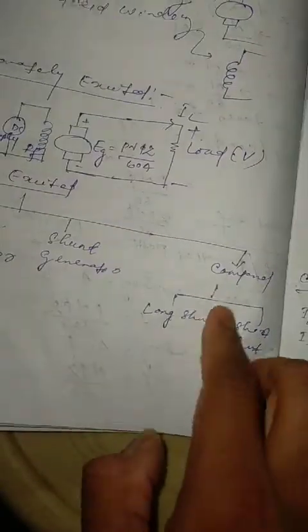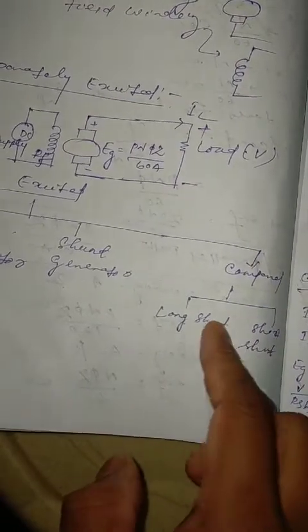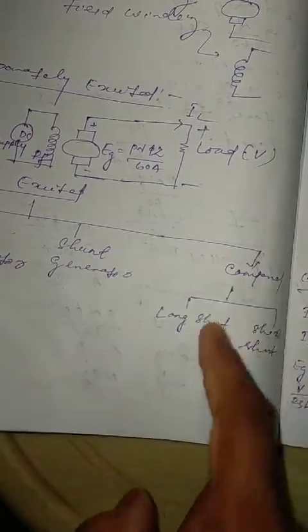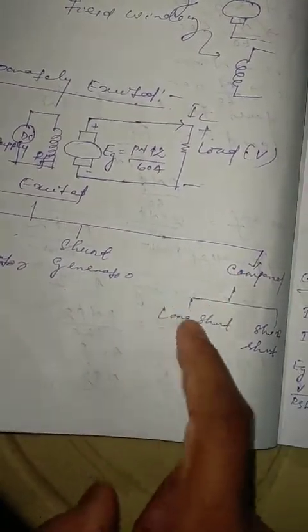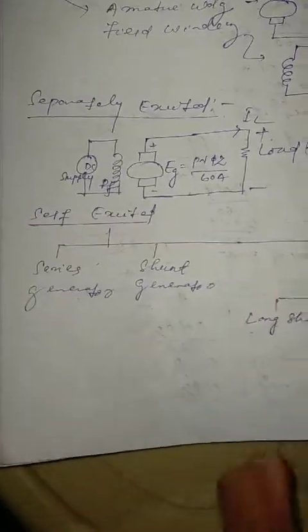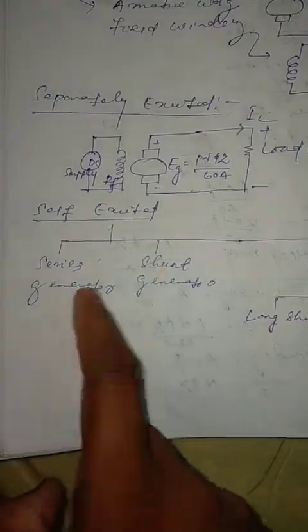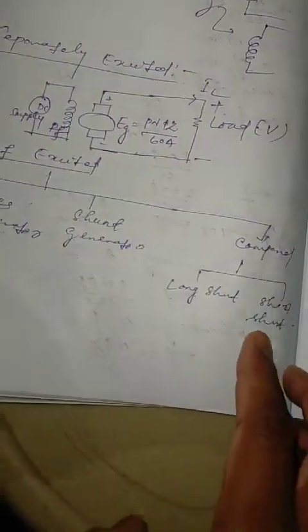In compound we have two types, long shunt compound and short shunt compound, which I will explain again. So as a whole, self-excited is divided into three categories: series, shunt, and compound. Under compound we have long shunt and short shunt.